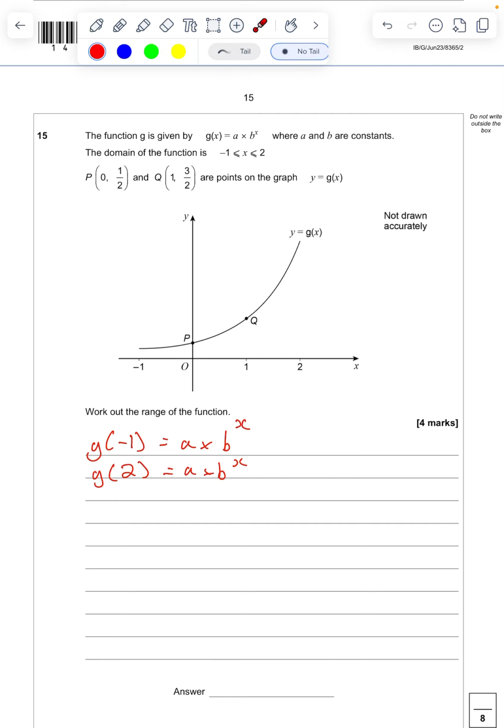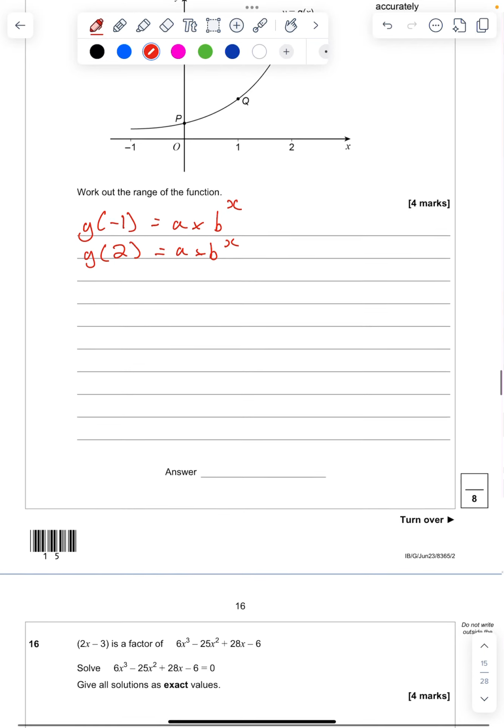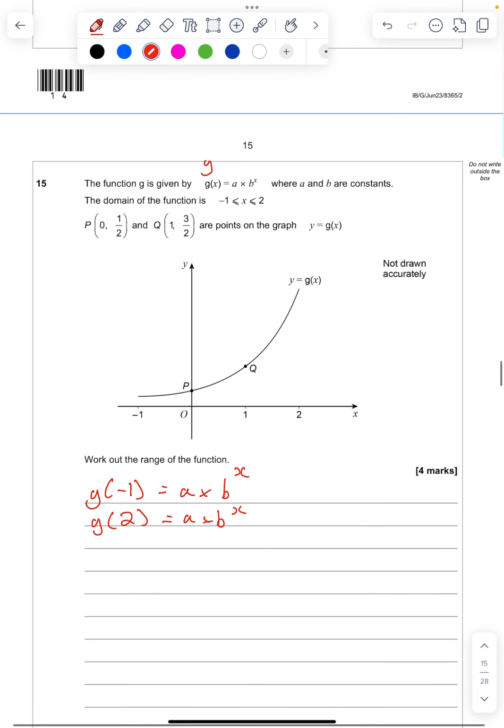But they give you these points here, which you can put into this. And g of x really just means y. It's just function notation. So that 0 is the x-coordinate, that's the y-coordinate, that's the x, that's the y-coordinate. Let's plug in these values.